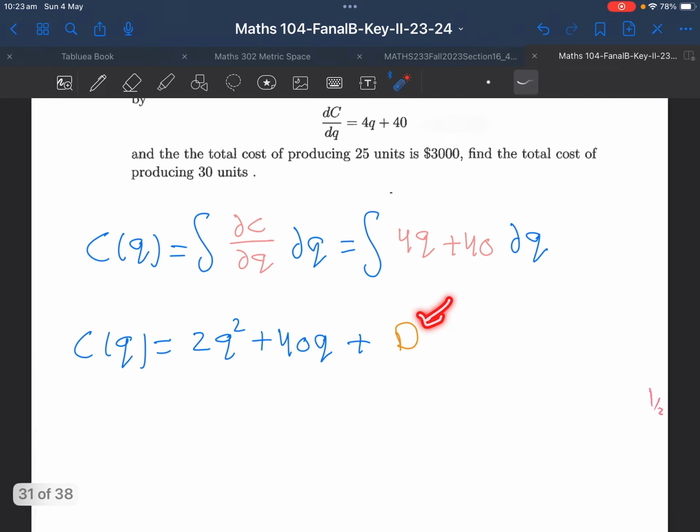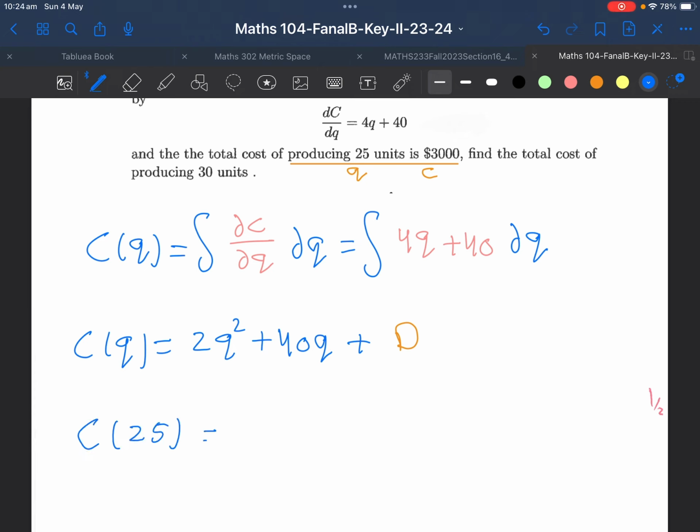Now, how do we find this D? We have this information. If Q equal 25, C will be 3000. So if we just substitute 25, the answer will be 3000. Now, from this one, just substitute 25 everywhere, plus D. And the answer should be 3000.